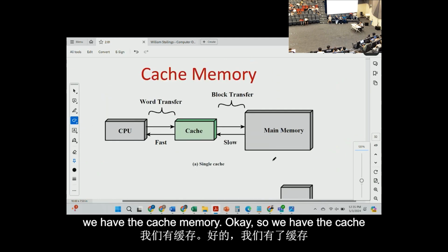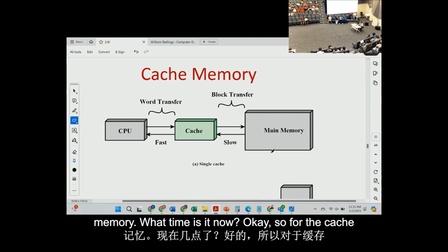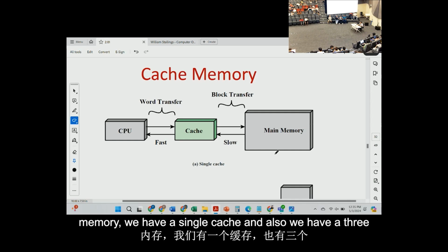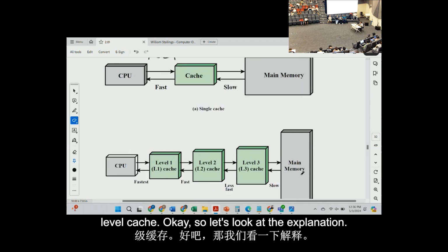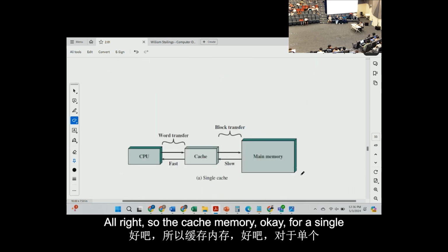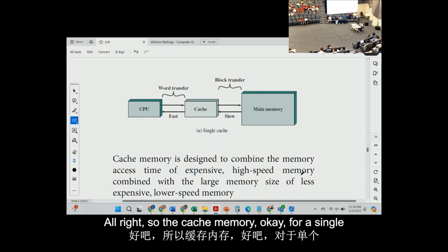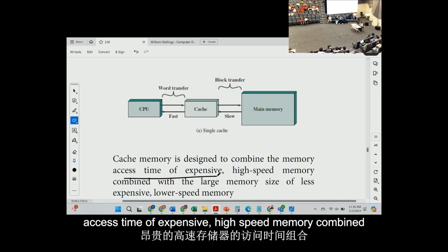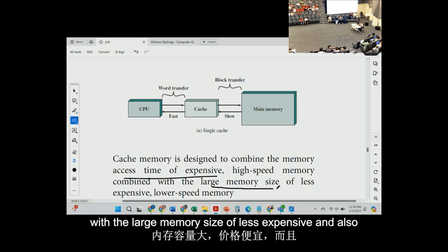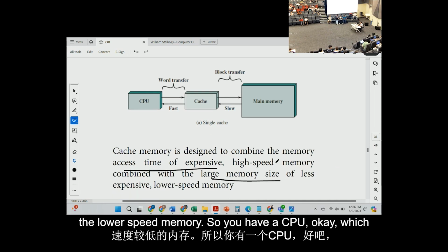And then we have the cache memory. For the cache memory, we have a single cache, and also we have a 3-level cache. Let's look at the explanation. A single cache memory is designed to combine the memory access time of expensive, high-speed memory with the large memory size of less expensive, lower-speed memory.